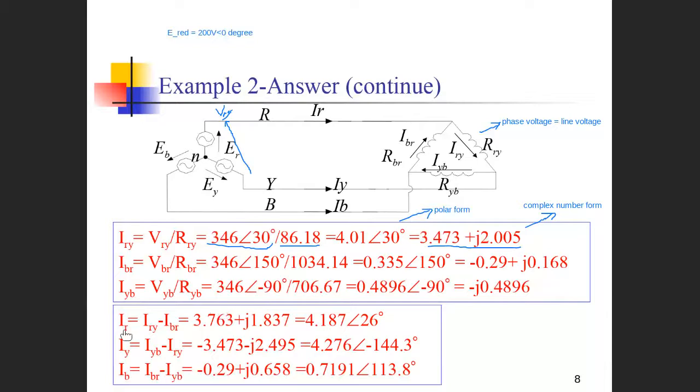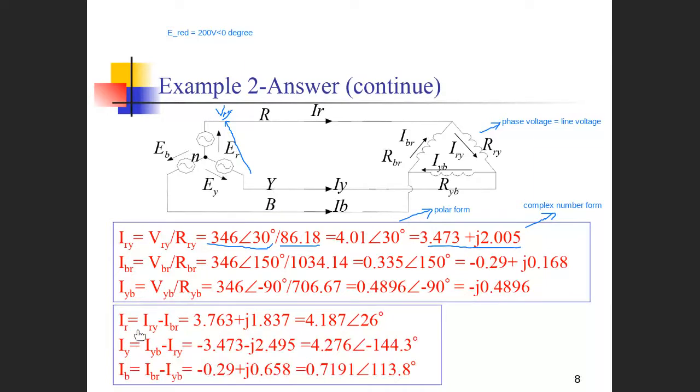Remember, current flows from the assumed high potential point to the assumed low potential point, while the voltage points from the low potential point to the high potential point assumed.